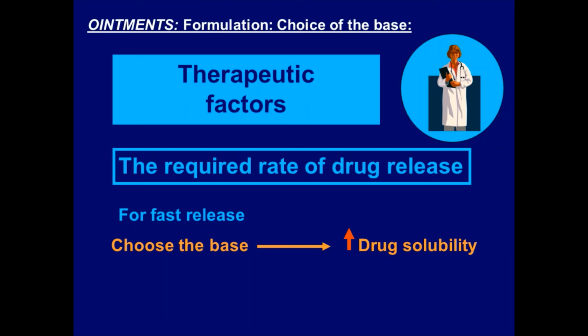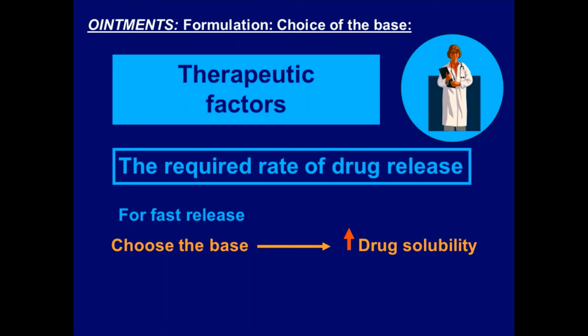And this high concentration of the drug exerts a concentration gradient. This high concentration makes the drug released fast, regardless of the amount of drug released. Whatever the amount of drug released, it will release fast when the drug has high solubility in the base.